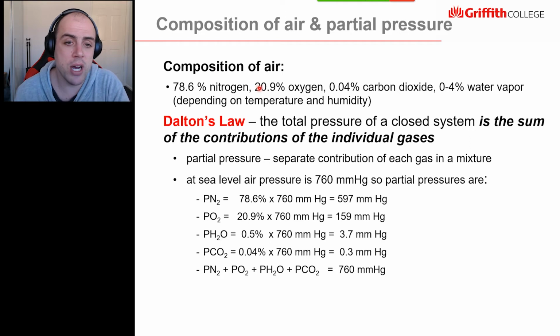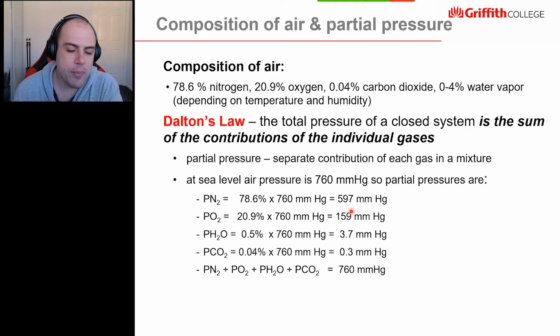But what's important to keep in mind is that if we have 20.9% oxygen, and all of these things combined give me our total air pressure, then I can take 760 millimeters of mercury and multiply it by 20.9% to get, say, 159 millimeters of mercury. So out of the total 760 millimeters of mercury, that is our air pressure overall, 159 millimeters of mercury of that 760 is due to oxygen.